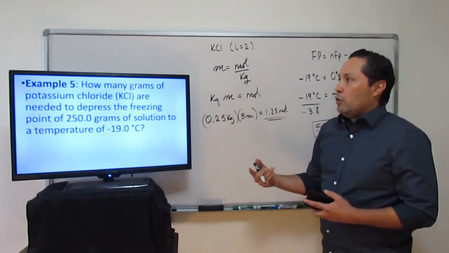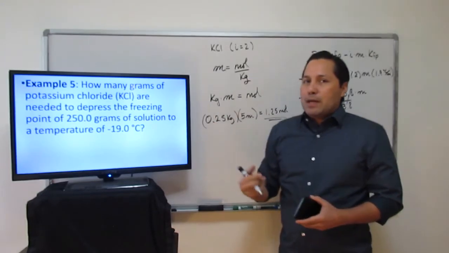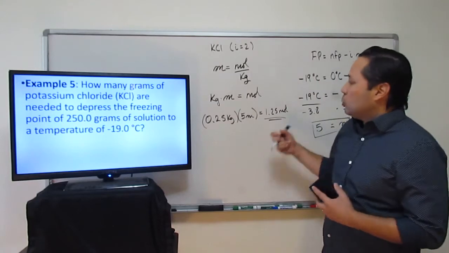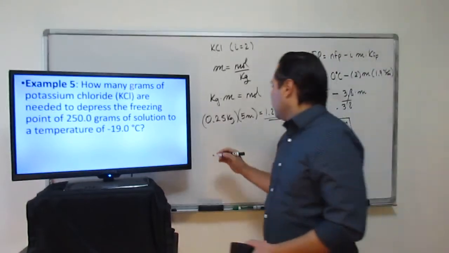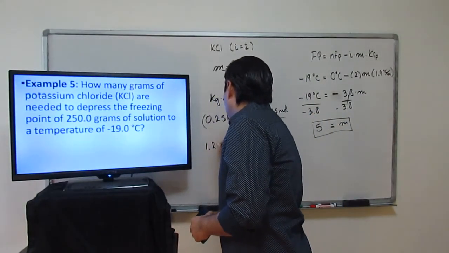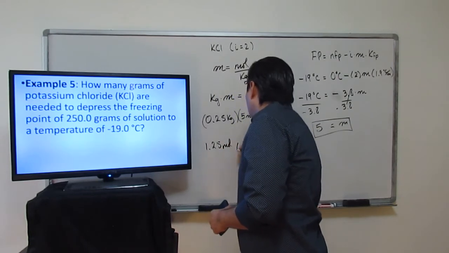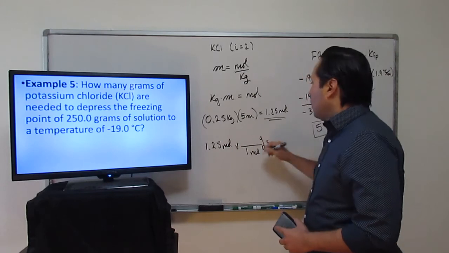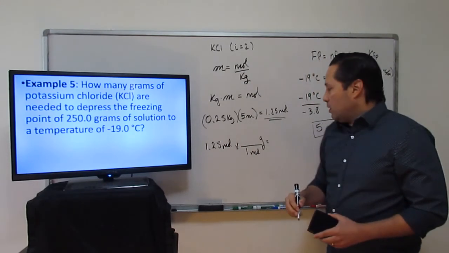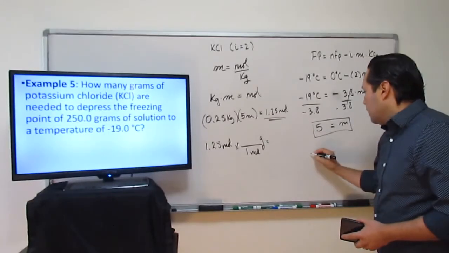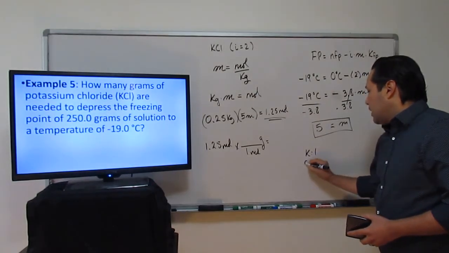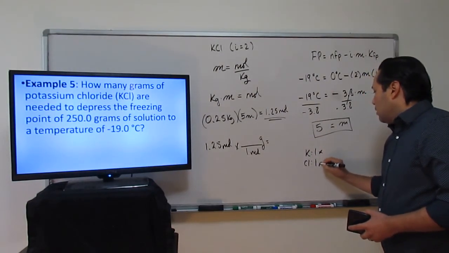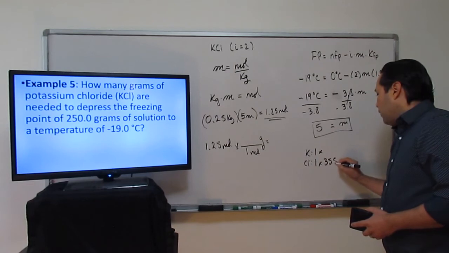Now, we want to know not the moles, but how many grams that is. So now we're going to convert the moles back to grams. What we're going to need is the molar mass of the KCl. So let's take a moment to solve for that. KCl, there's 1 K, 1 Cl. Molar mass of Cl is 35.5.